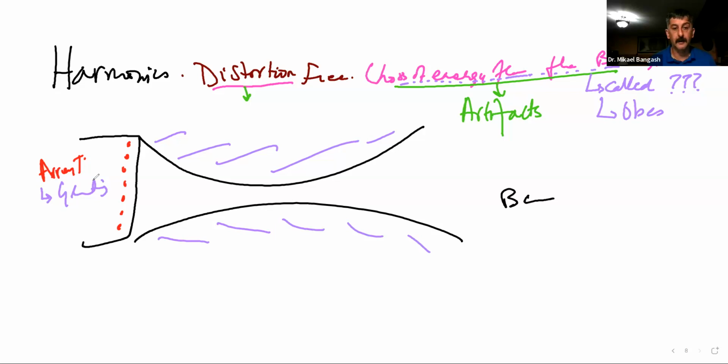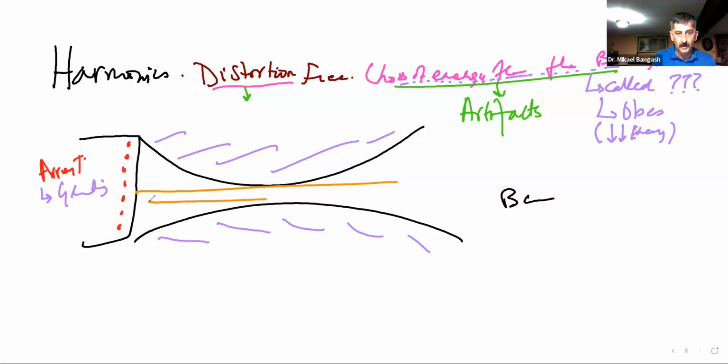Now, one thing that you need to remember about lobes is that, first of all, they are going to be carrying very low amounts of energy. Mainly because they are made up of low amounts of energy, as they are not even close compared to the energy along the main axis of the beam, which is going to be the maximum.